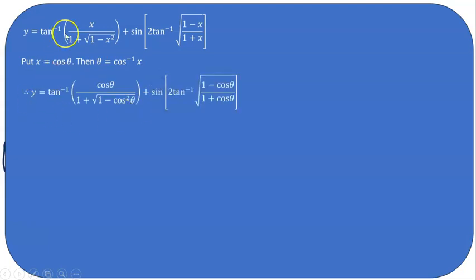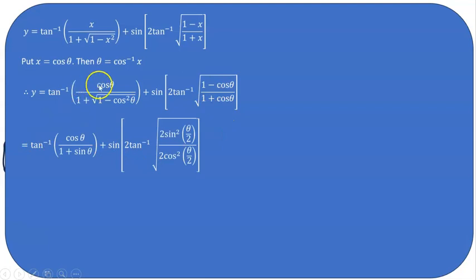Therefore, our expression will become y is equal to tan inverse of cos theta upon 1 plus root of 1 minus cos square theta, plus sine of 2 tan inverse of root of 1 minus cos theta upon 1 plus cos theta. Now next, tan inverse of cos theta upon 1 plus root of 1 minus cos square theta: 1 minus cos square theta means what? Sin square theta. Square and root get cancelled. You will get sin theta. That is here cos theta upon 1 plus sin theta.